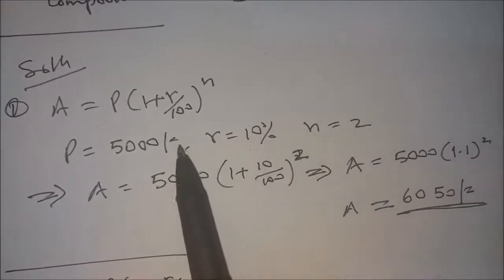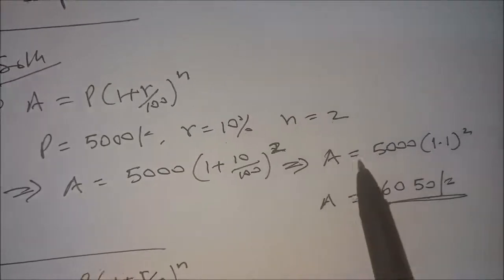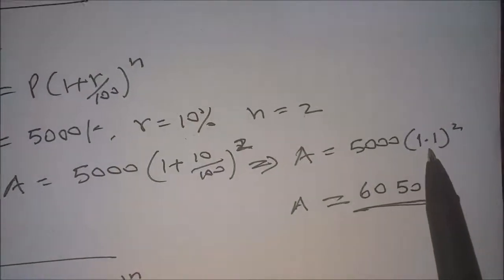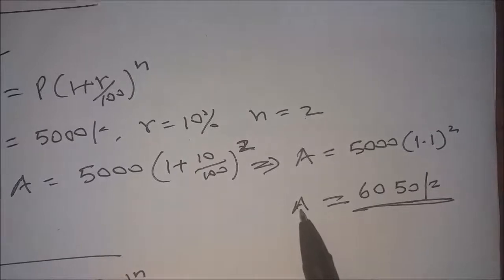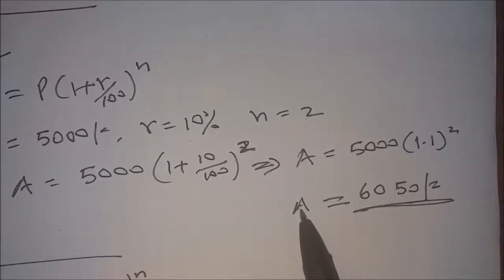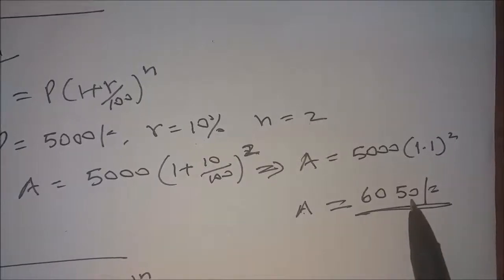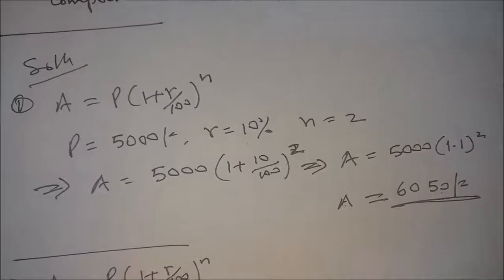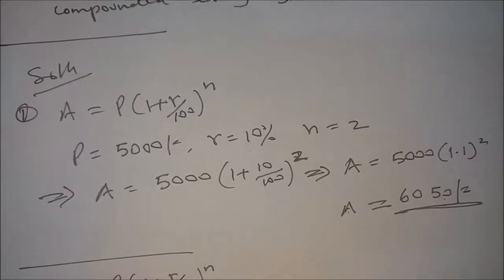We substitute these values into the formula, and we have 5,000 into 1.1 power 2, which gives us the accumulated amount at the end of 2 years as 6,050. You can see, using the formula makes it pretty short and faster.